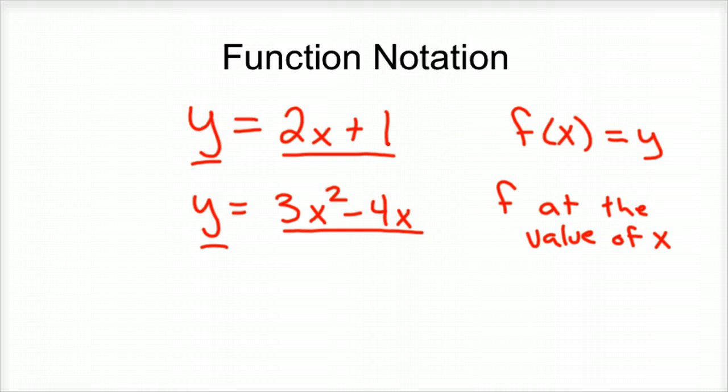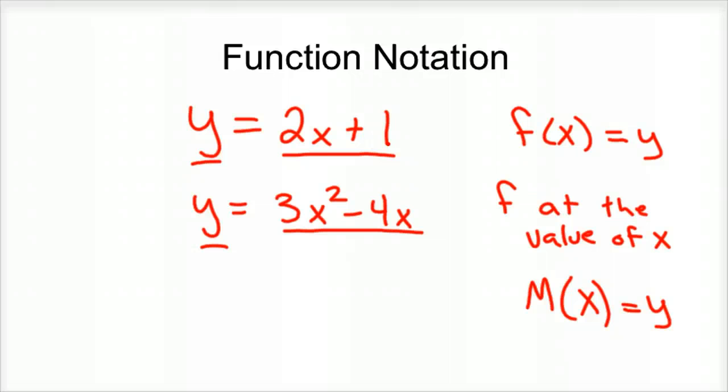And it doesn't have to be f, it could be anything. If you're dealing with money, maybe you'll call it m at x. So the money you make at the value of x is the same as also saying y. It's just another way to name functions.